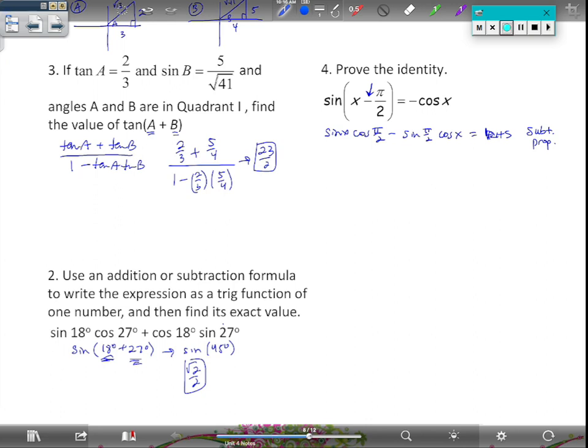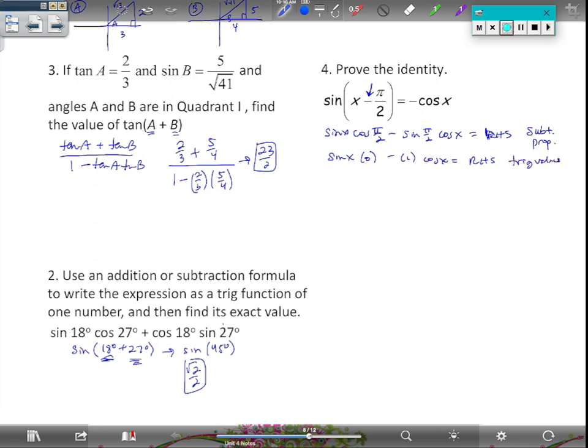Okay, so now we've got unit circle values that we can work with. So we've got sine. We know cosine of pi over 2 is 0. We know sine of pi over 2 is 1. And this is trig values. Okay, that's my reason, would be trig values.